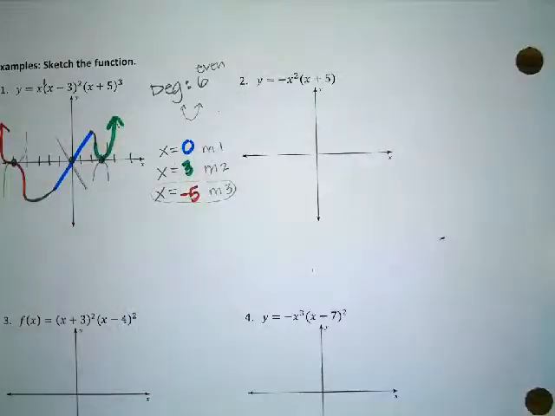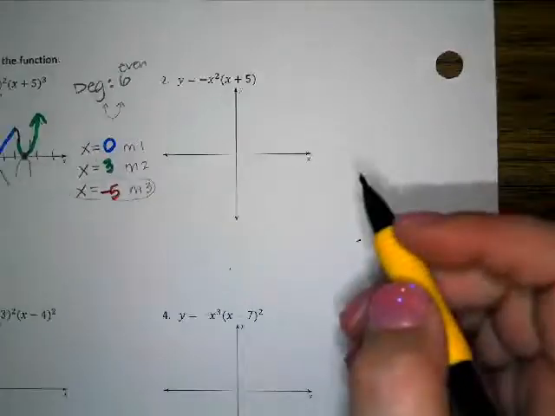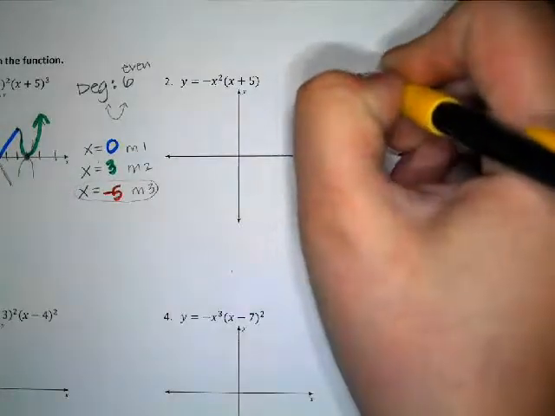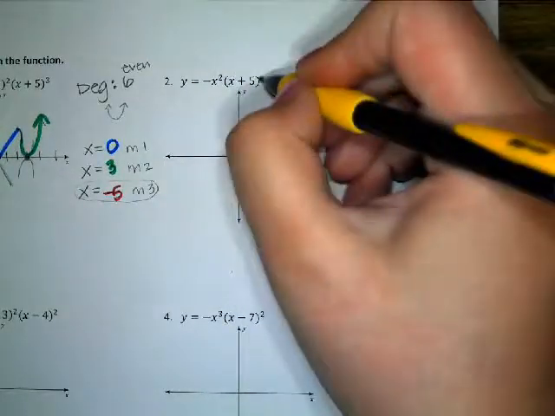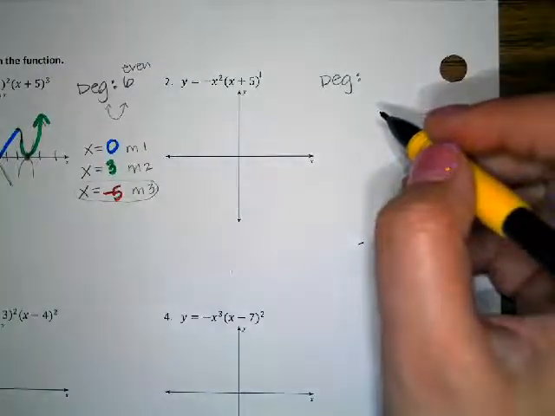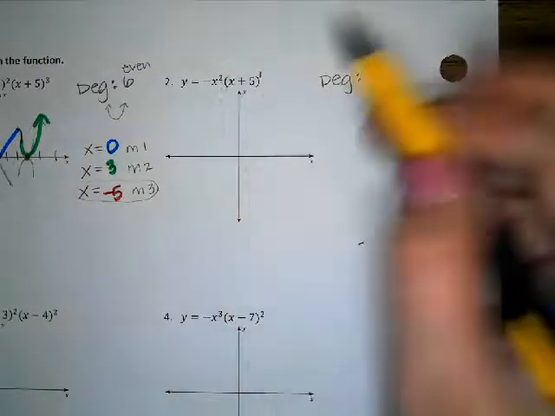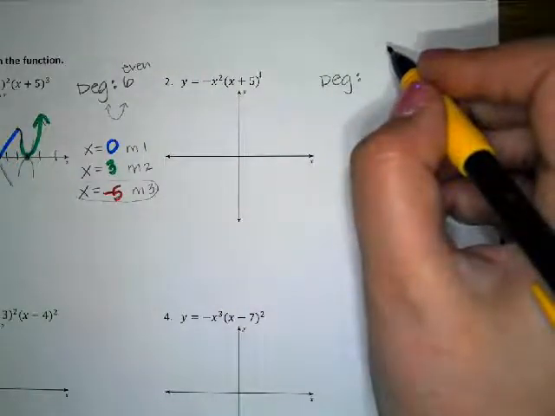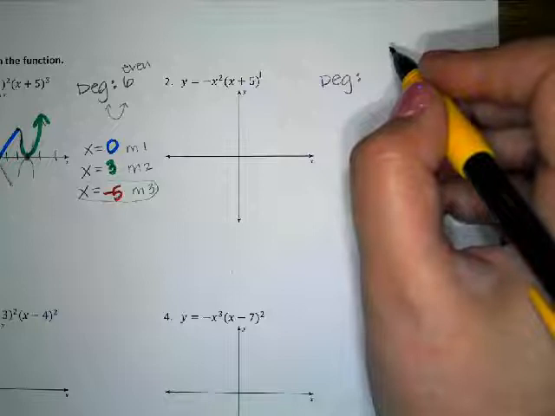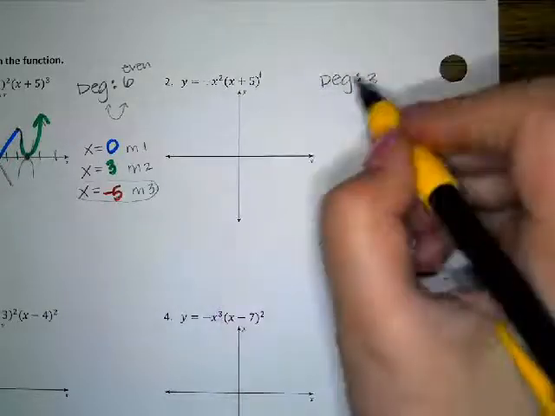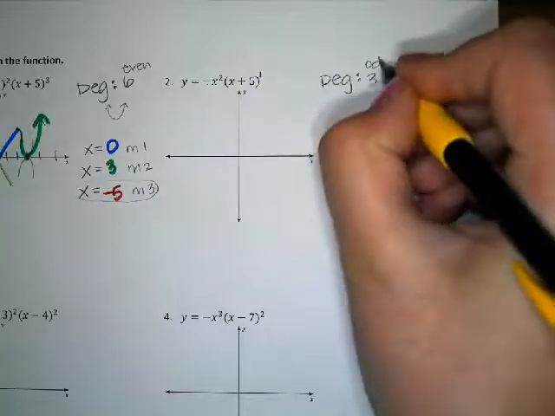This one, the degree is going to be 2 and 1. So what's the degree of this one? 2 and 1 is 3. It's got a negative in the front, so this is an odd number, so overall it's going to be something like this.